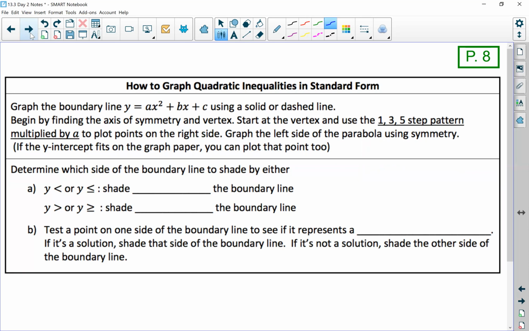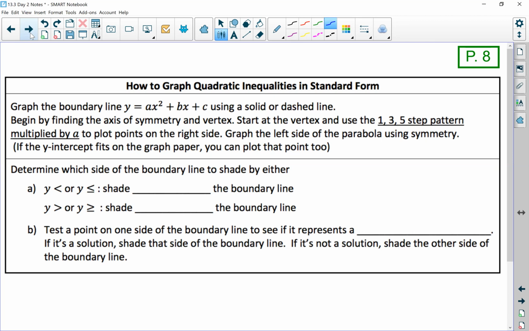Starting at the vertex, use the 1, 3, 5 pattern multiplied by a. In other words, over 1 up a, over 1 up 3 times a, over 1 up 5 times a, and so on, to plot points on the right side of the vertex.